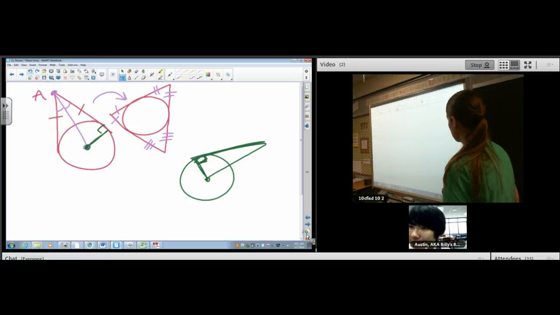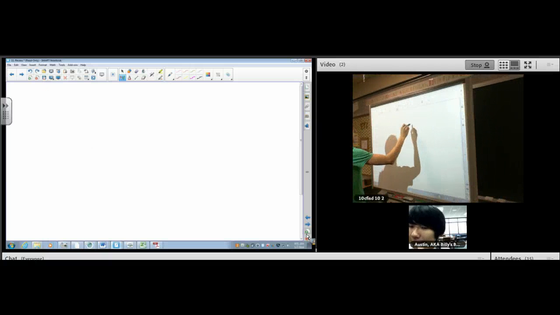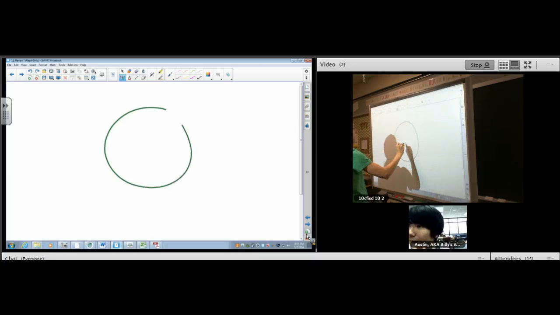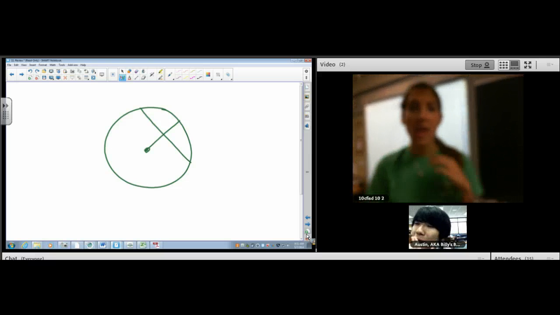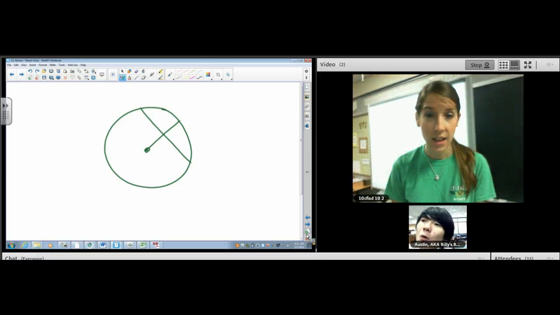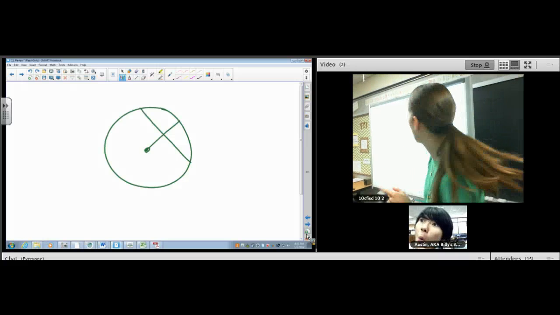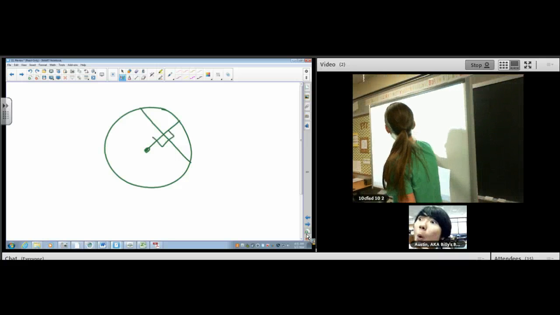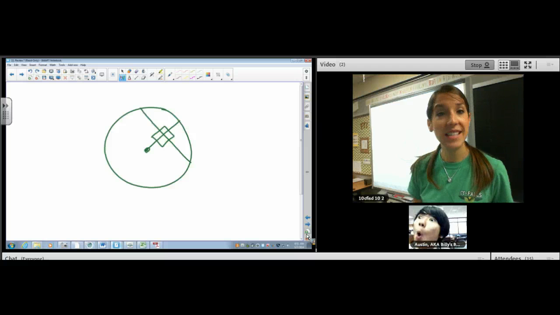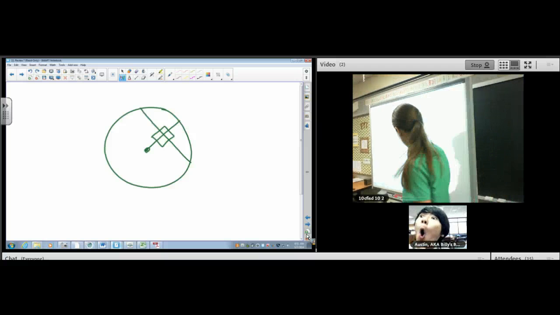So the chords lesson was next, and this one had a lot of theorems as well. One theorem in the chords lesson said, hey, if a radius is perpendicular to a chord, then some things happen. What happens?